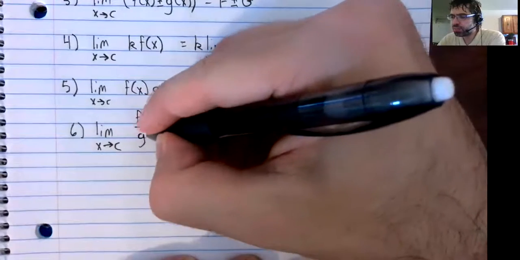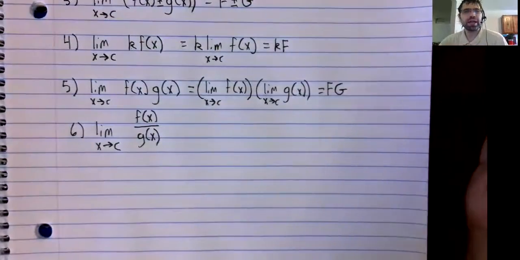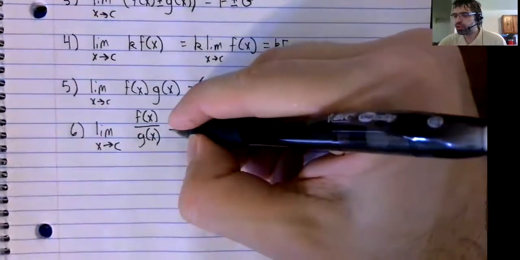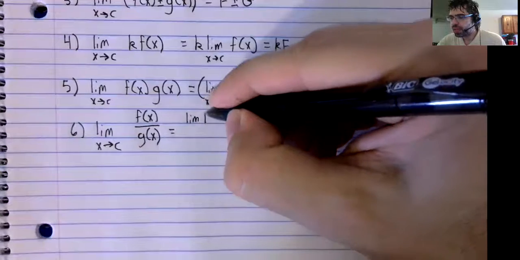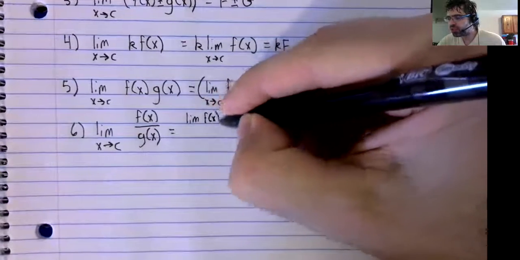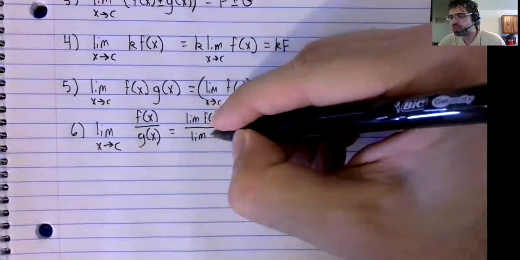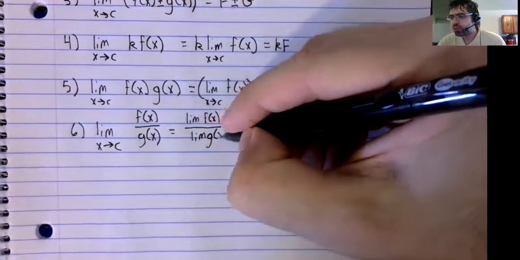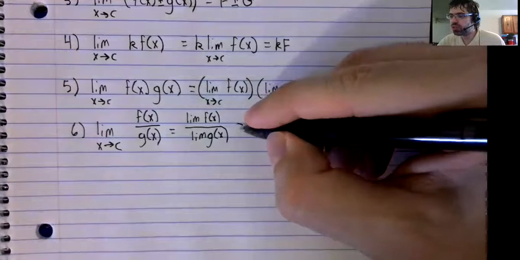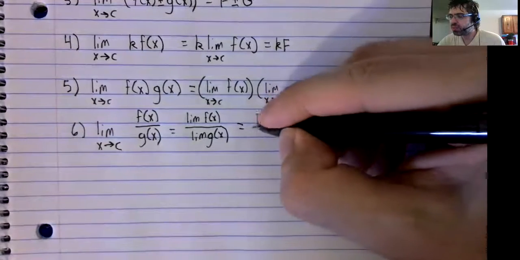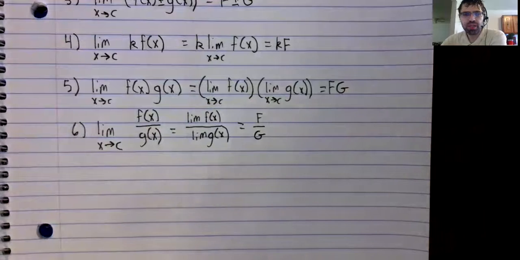Usually, if you have the limit of a quotient, you can, let me be a little sloppy with my notation here for speed, break the limit of the quotient into the quotient of the limits, as you see.